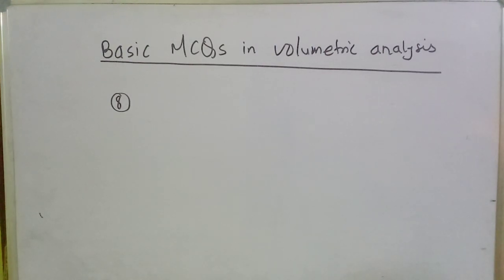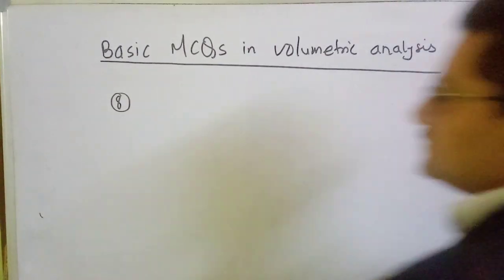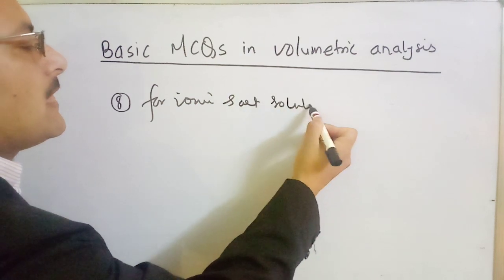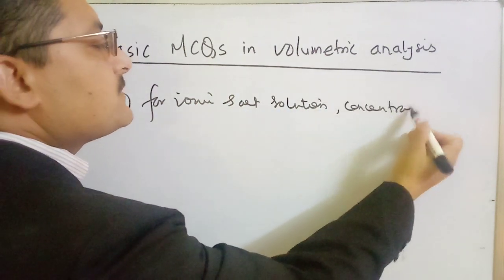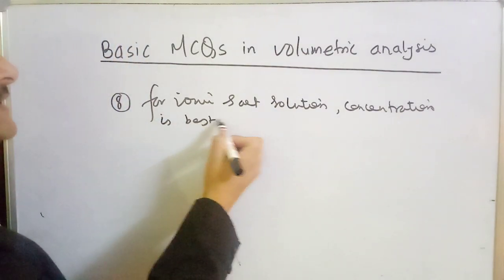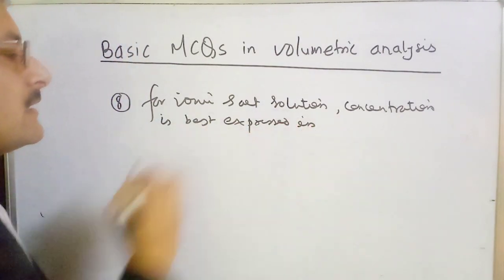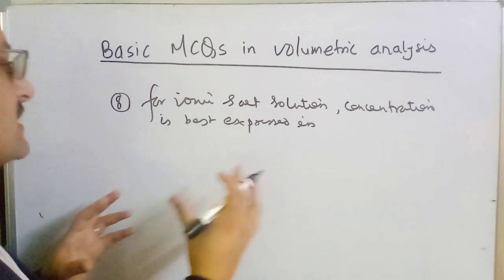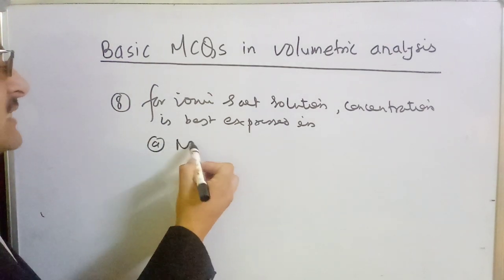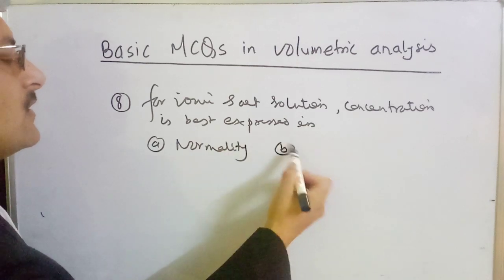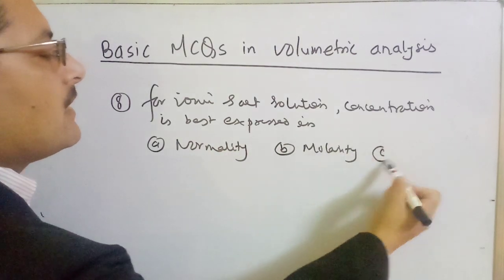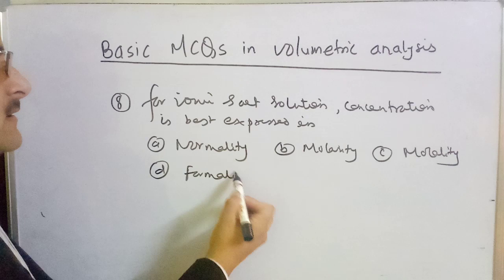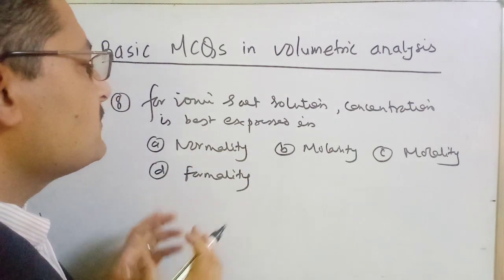For ionic salt solution, concentration is best expressed in: normality, or molarity, or molality, or formality. For example, sodium chloride solution or any kind of ionic salt solution. So which concentration term is mainly used for the ionic salt solution?